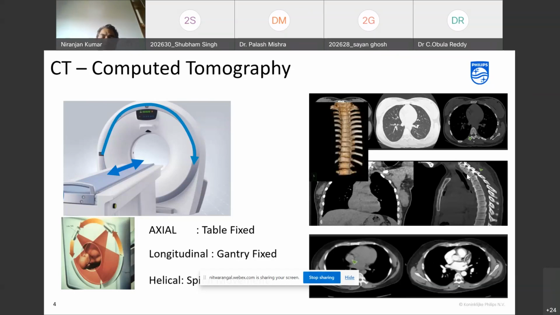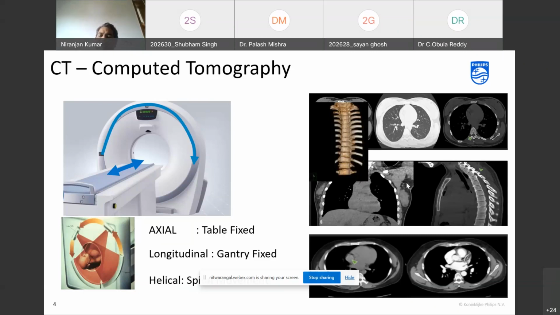There is something called contrast, which you see on the bottom. So what we do here is we inject iodine in the body, through oral or some other media. And then the iodine goes and interacts with some kind of tissue, or tissue which is cancerous or other things, and then it gets a bright picture.